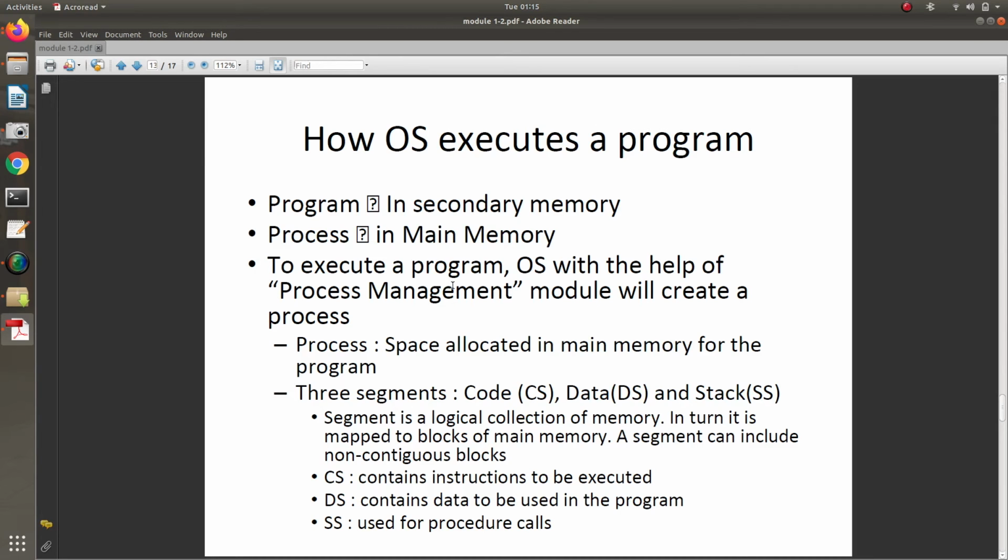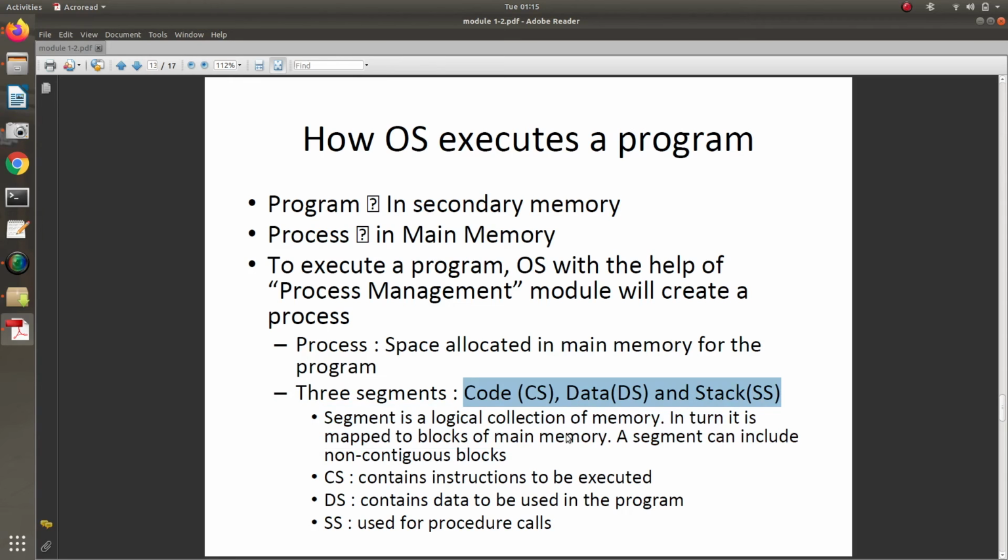To execute any program, first the program is brought into the main memory. Then, with the help of the process management module that we saw above, a process is created from the program. For the process, space is allocated in the main memory. Any process has three segments: the code segment, the data segment, and the stack segment. You would have known this before as well.